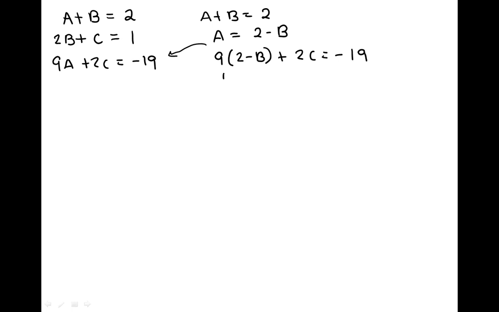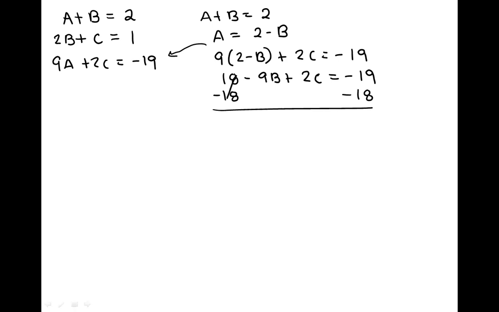So that's going to be 18 minus 9b plus 2c equals negative 19. And then I'll just move my 18 over. So I have negative 9b plus 2c equals negative 37.